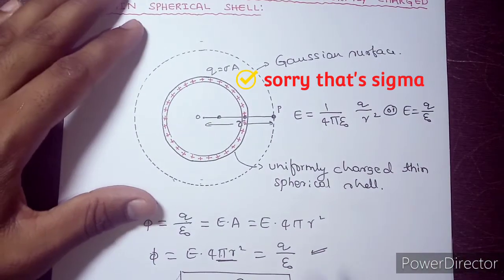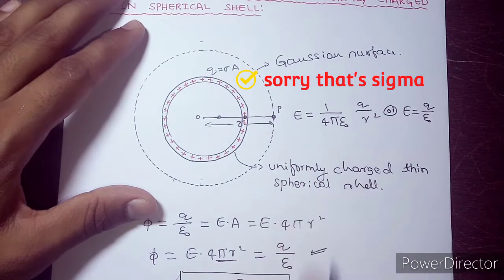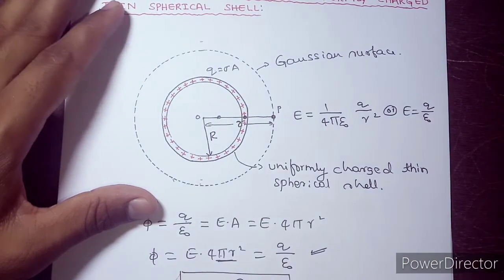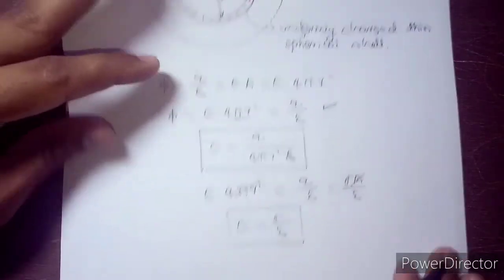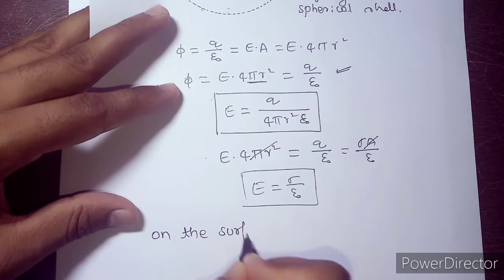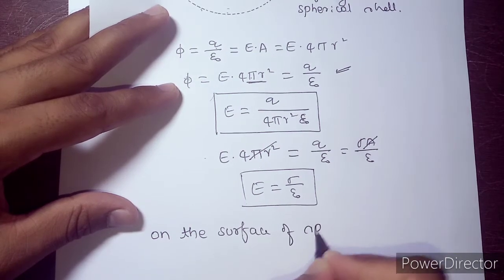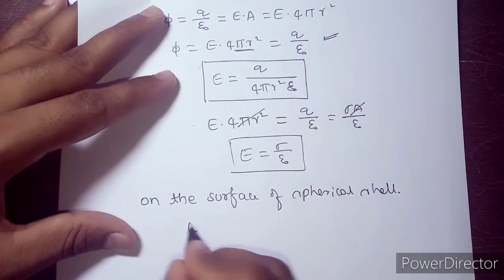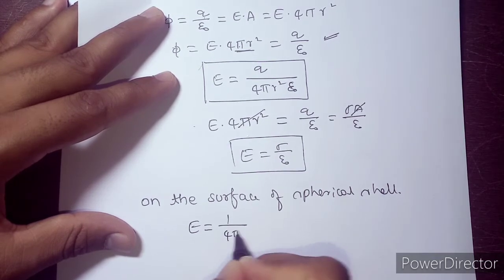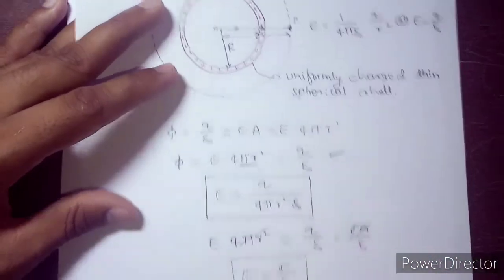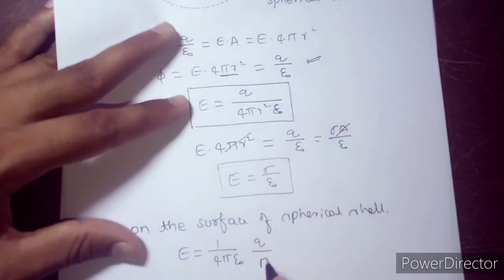On the surface of this spherical shell, let's consider the radius of this spherical shell to be capital R. On the surface of the spherical shell, E is equal to 1 over 4 pi epsilon naught Q divided by R square, because small r becomes capital R as this distance is reduced.